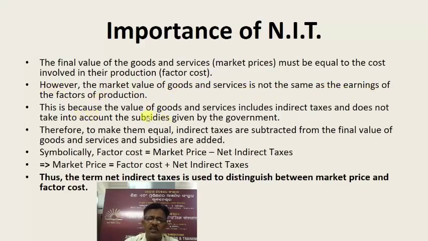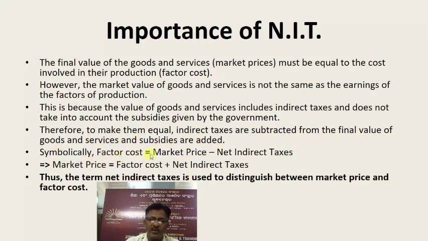This is because the value of goods and services includes indirect taxes and does not take into account the subsidies given by the government. Therefore, to make them equal, that is value of product at factor cost and value of product at market price, the indirect taxes are subtracted from the final value of the goods and services, and subsidies are added.